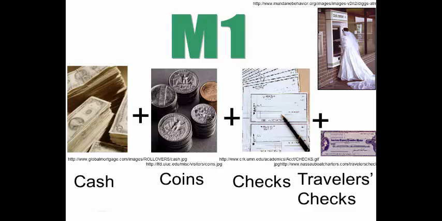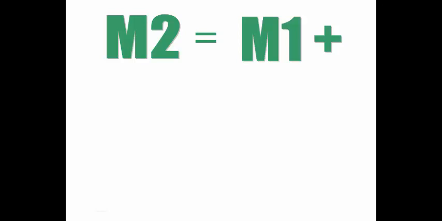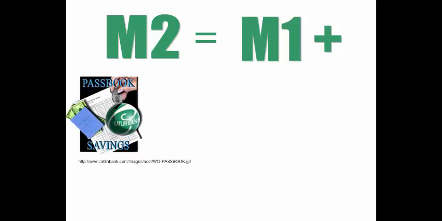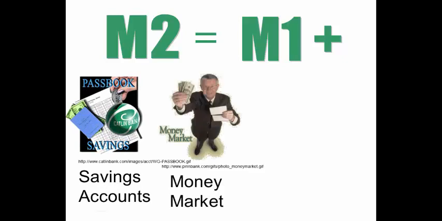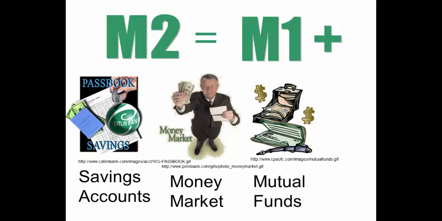Now, less liquid is what's called M2. Realize that M2 includes all of M1, which is the most liquid form of money, plus it includes savings accounts, money market accounts, and mutual funds. Now, M1 used to be the money supply, but Alan Greenspan, the Federal Reserve Chair back in the 90s, started to look at M2 as the money supply because you can quickly get at your savings accounts out of ATM machines.